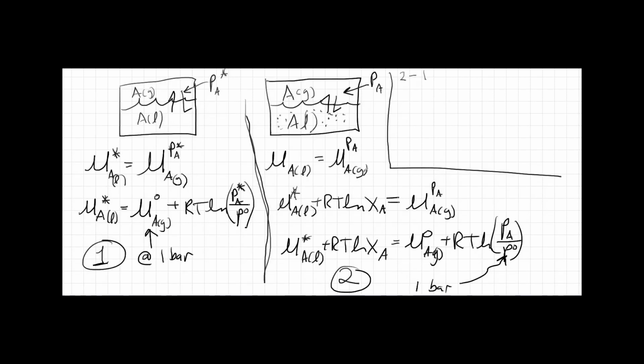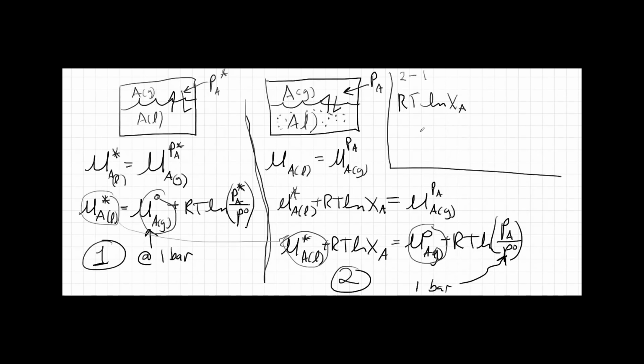So what is 2 minus 1? Well, if you do that, you can see when I subtract, this is going to subtract from that, so that'll cancel. And on the left-hand side, that's just going to leave RT log of XA. On the right-hand side, we've got the chemical potential of the gas at 1 bar there, and we have it over there. So when we subtract equation 1 from equation 2, that's going to cancel. So on the right-hand side, what do we have?